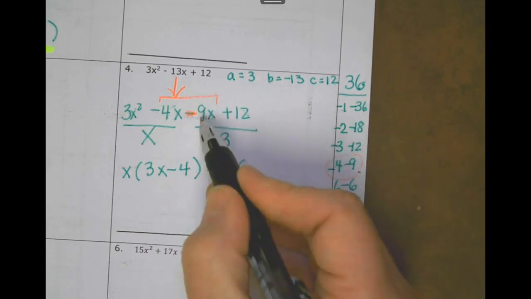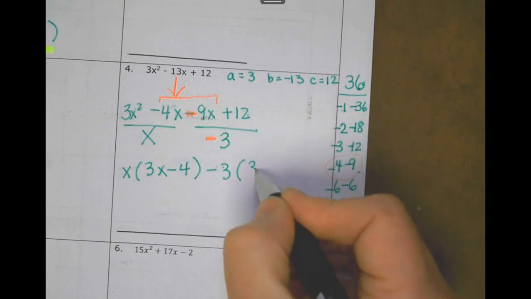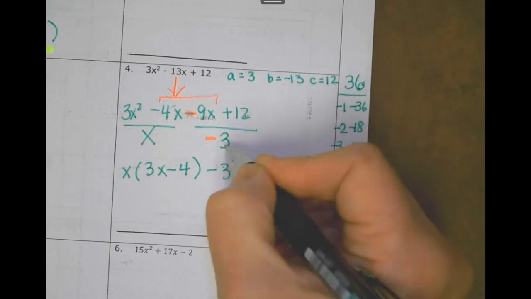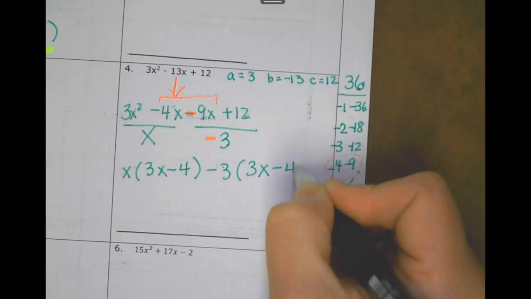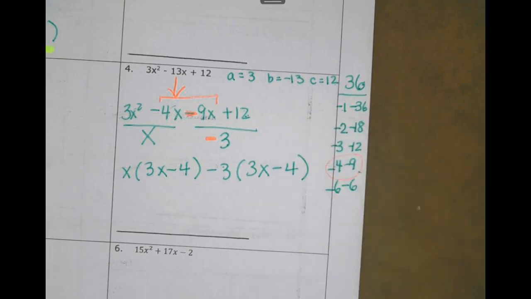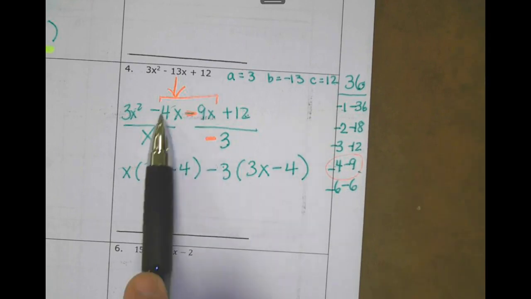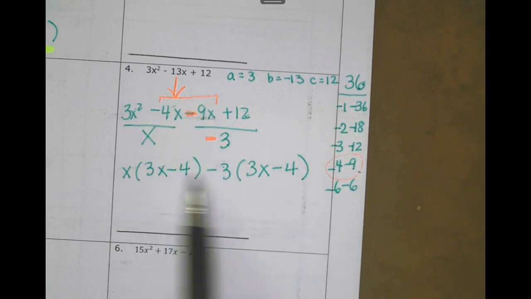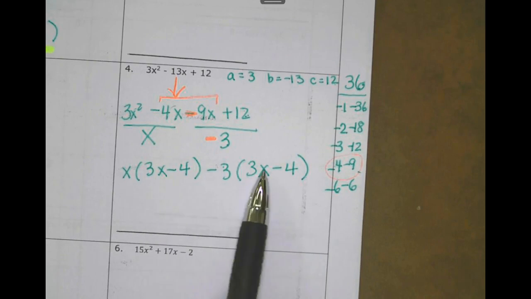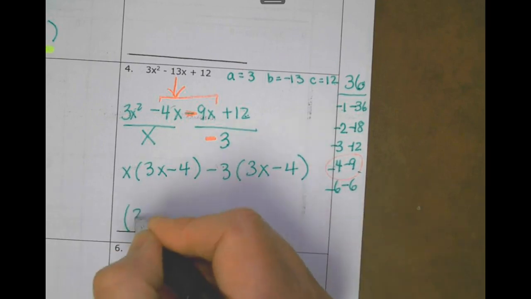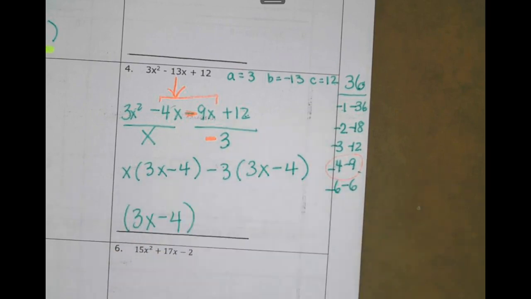This came right down. 9 divided by 3 is 3. 12 divided by negative 3 is negative 4. The reason we went through this process is to find these two numbers so that when I do this step, it's going to give a common term. The 3x minus 4 is a common binomial. What's the next one?